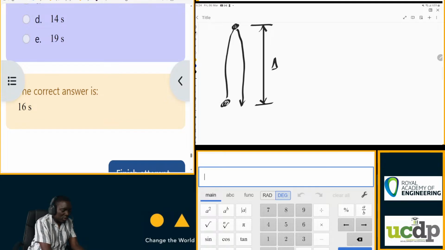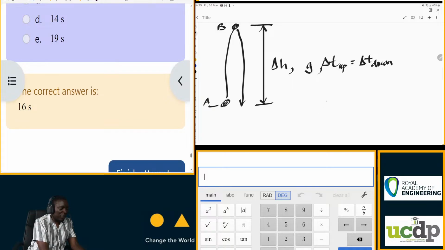Height being the first one, delta H, it moves the same distance from A to B, right? It has the same gravity acting on it from A to B, it should take the same time to go from A to B, meaning delta T up should be equal to delta T down, right?